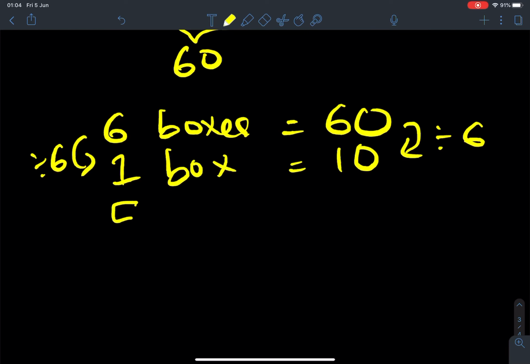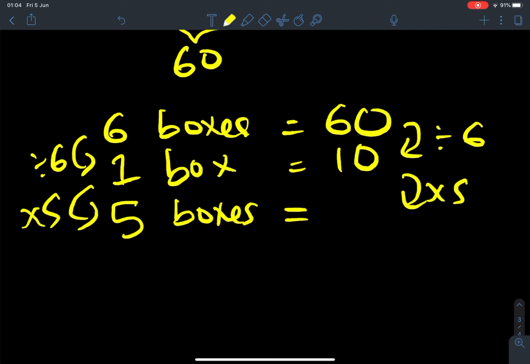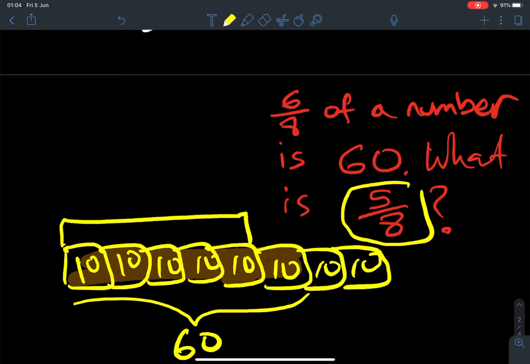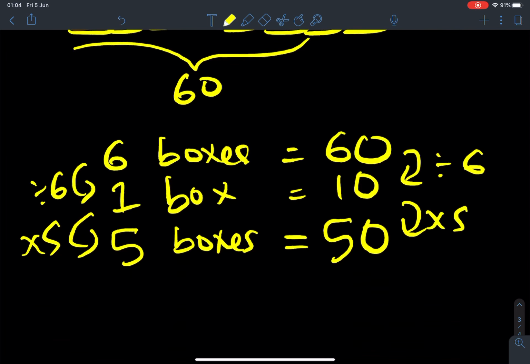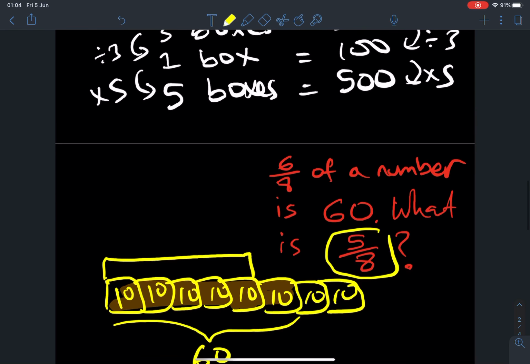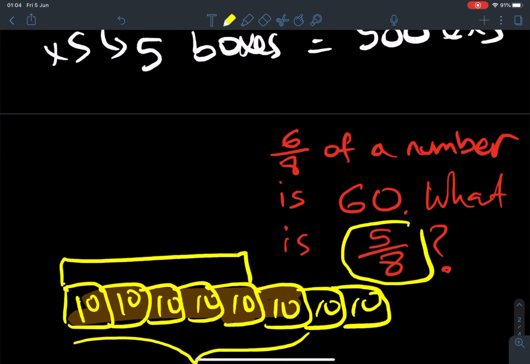So 5 boxes is equal to 10 times 5, which is 50. Once you get used to this concept, this bar modeling method is very good for understanding the concept. It will be very easy for you to do this in your head without even needing to draw the boxes.